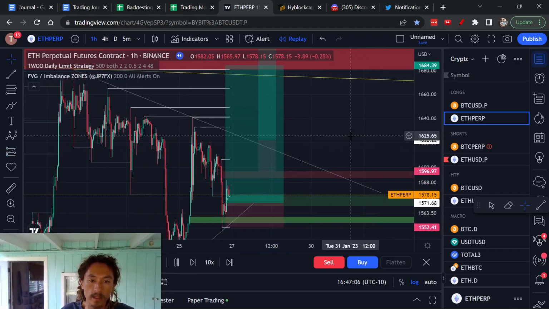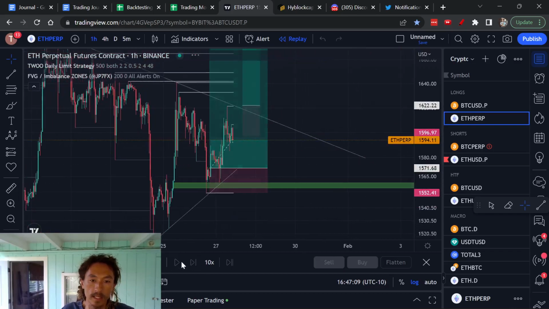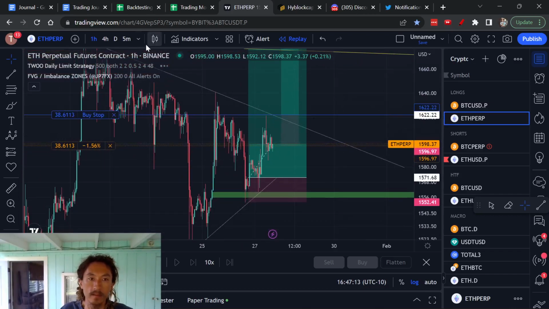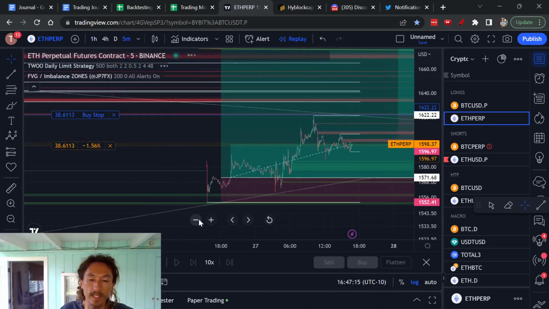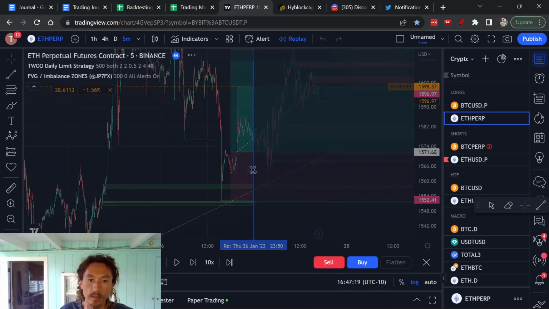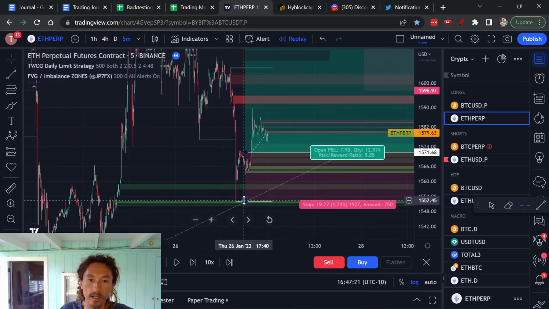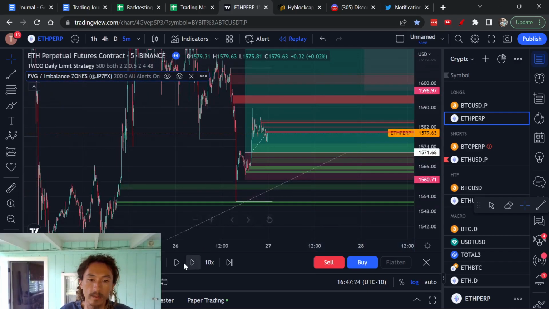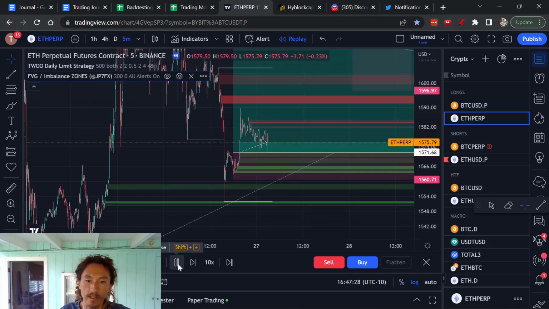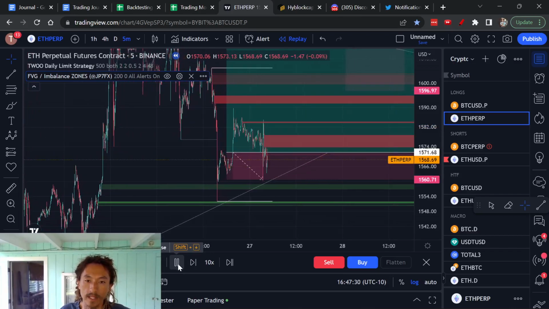What happens? It looks good, except what I did, this is quite irritating. And this is a mistake, but I think it's an issue with this setup: as price moved in my favor, I just advanced my stop loss under the most recent gap. And you're going to see I just got barely stopped out like that.